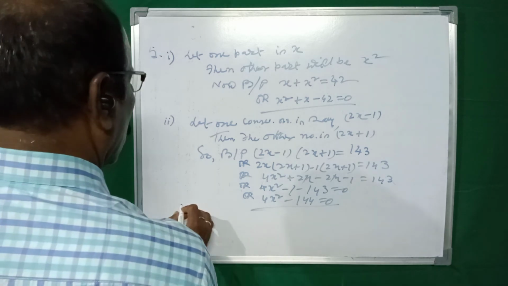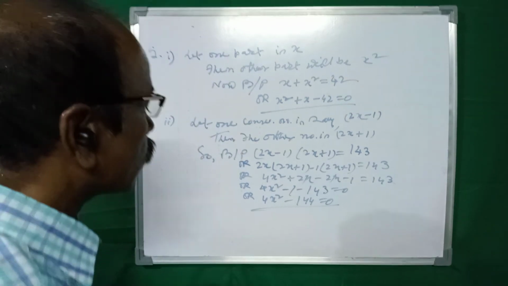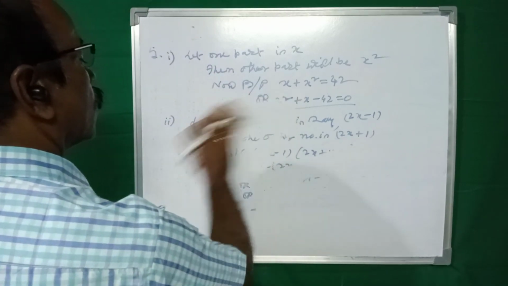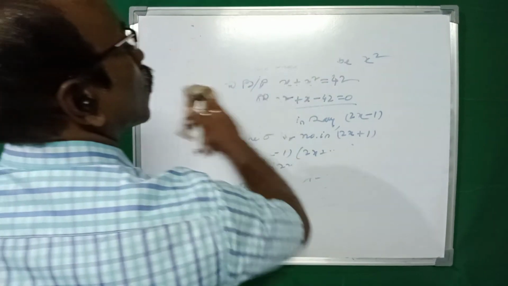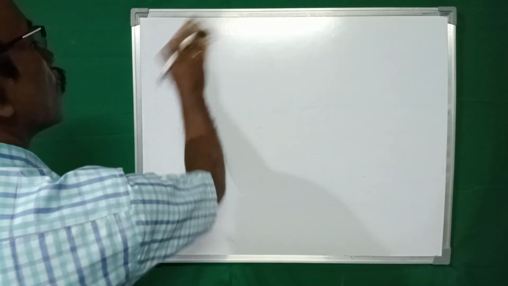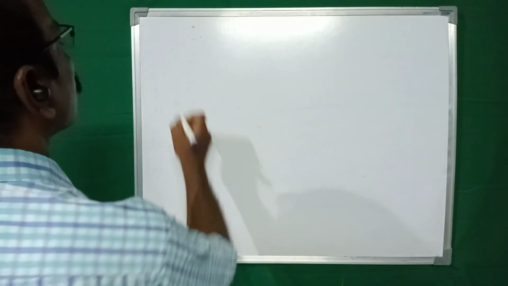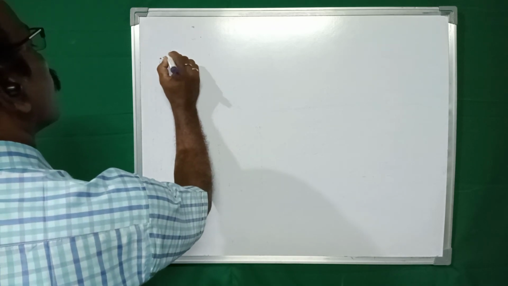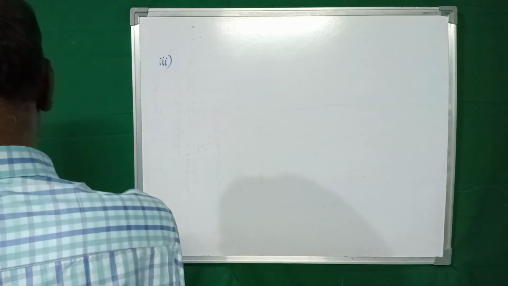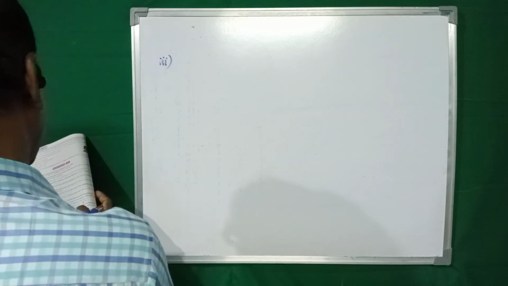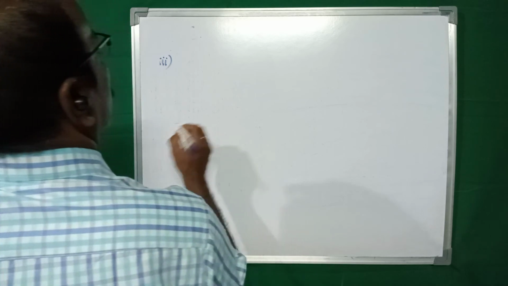And third of all, the sum of squares of two consecutive numbers is 313.